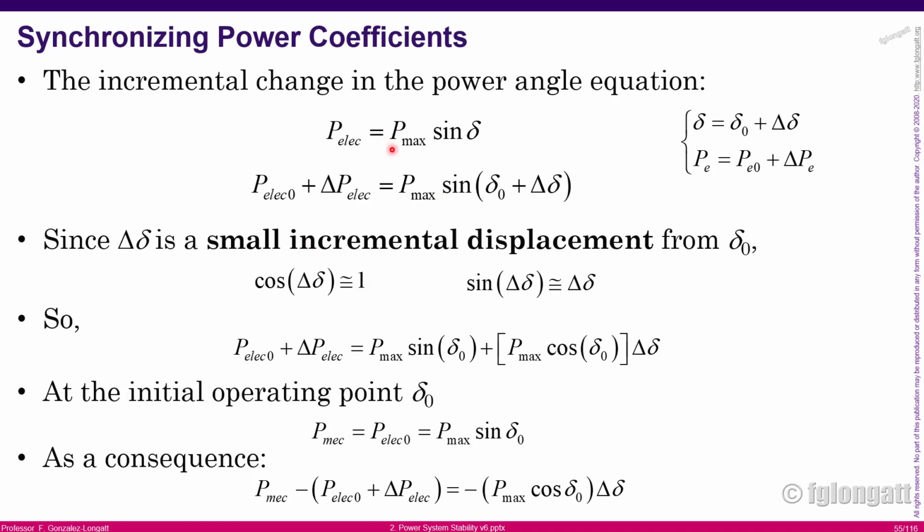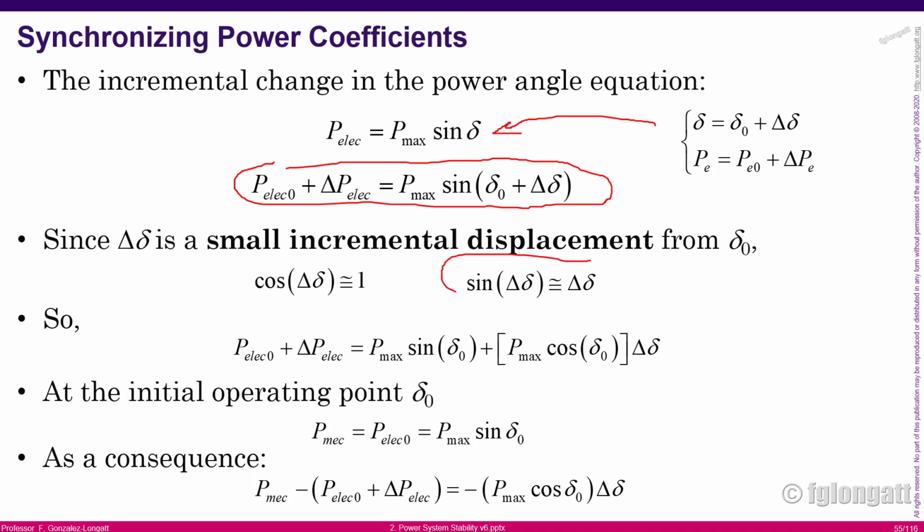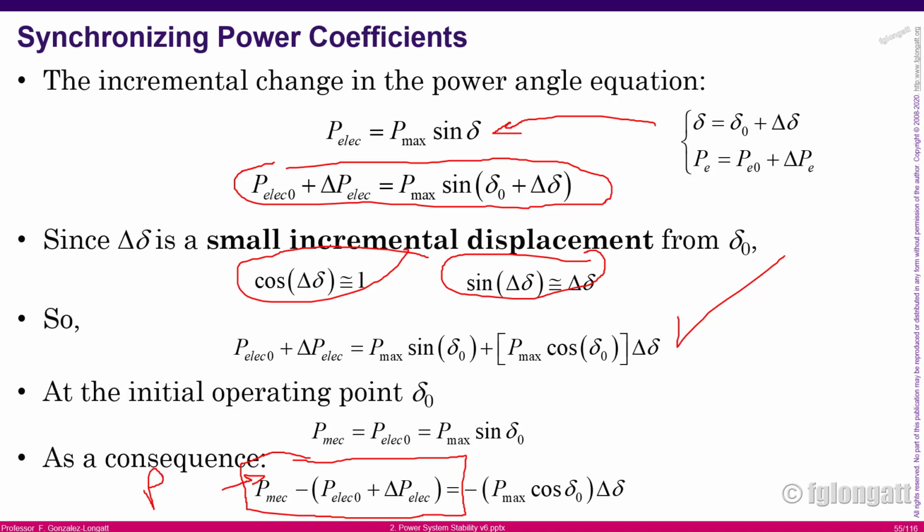Okay, what I am saying is here we include the displacement. We put here the small displacement, then we use those properties over here, we simplify, and then here is the important consequence. Because this is the accelerating power, P accelerating, equal to P mechanical power minus electrical power, but that is coming from this equation over here.